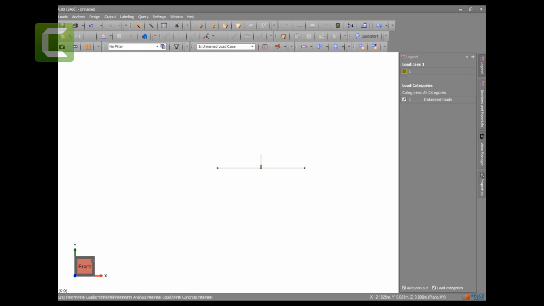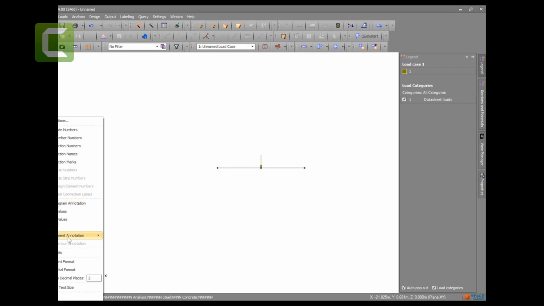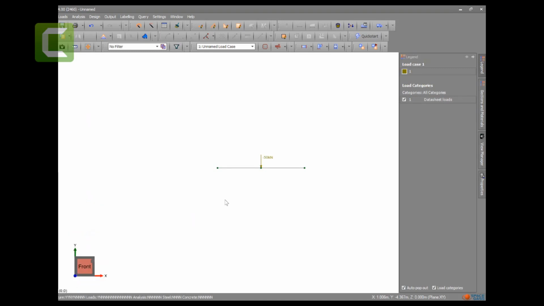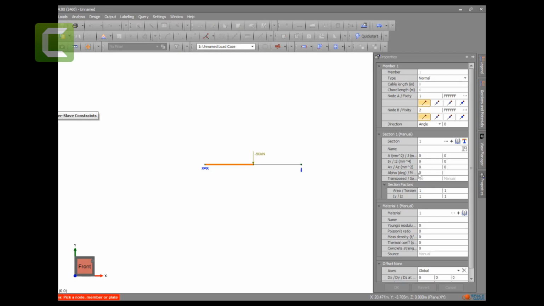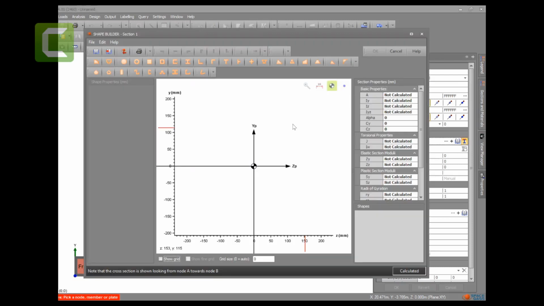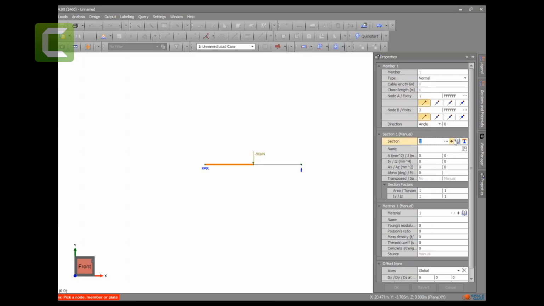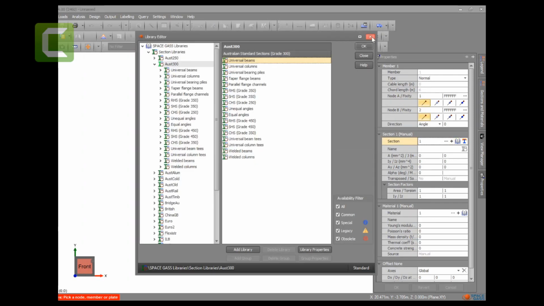So if you can't see that one, you can just put diagram annotations and hit OK. You can see the fixed beam and rollers. Now we need to put in a dummy material property. You can put any dummy one like a universal beam, just from this library.